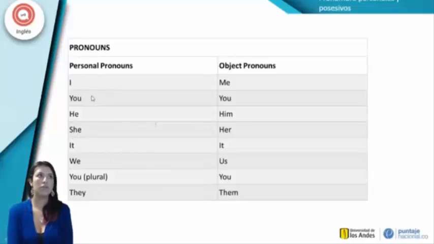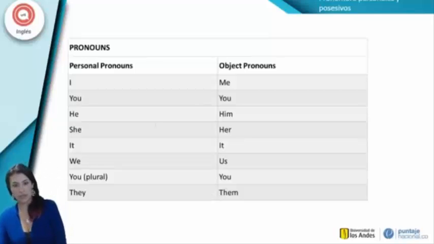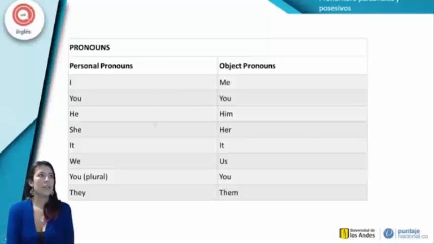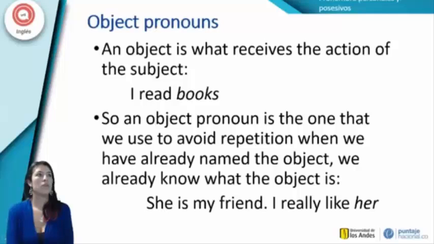You know all these by heart. Those are the easy ones, the personal pronouns. And the object pronouns are the ones that we use to refer to the person that an action falls to. Okay? I'm going to try to explain a little bit more easily.